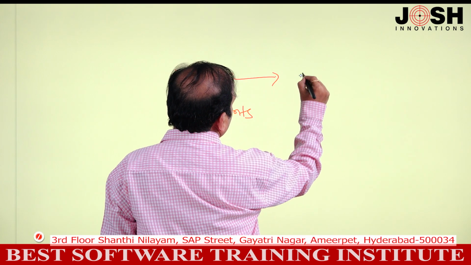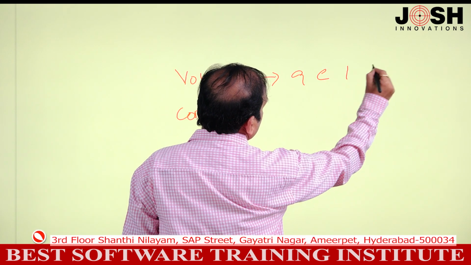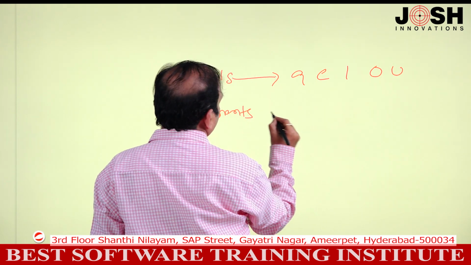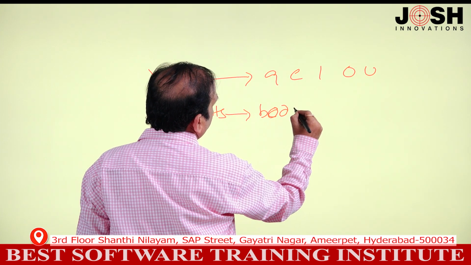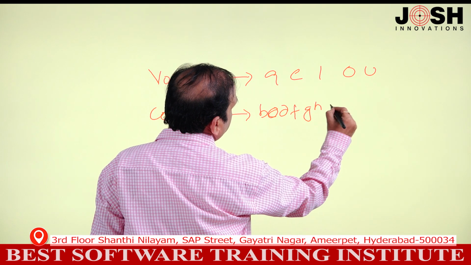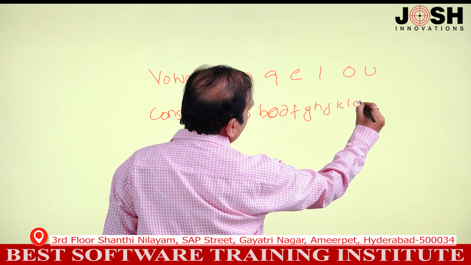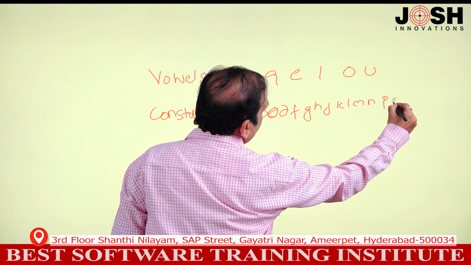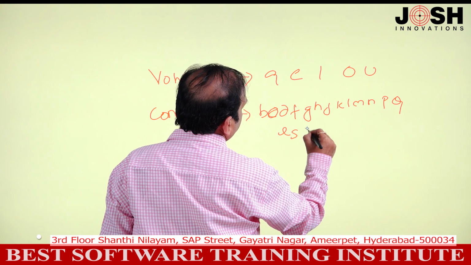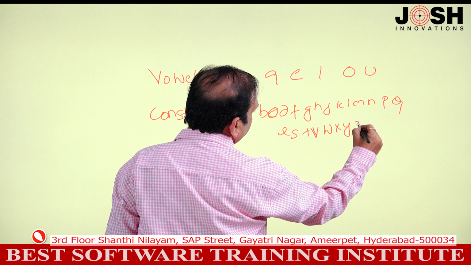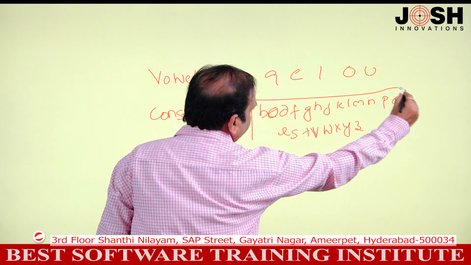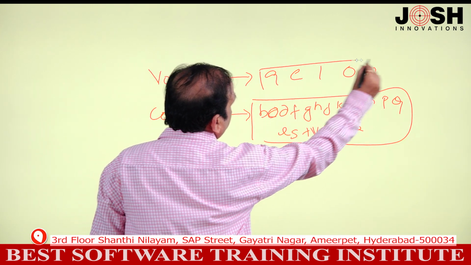Vowels are A, E, I, O, U, and consonants are B, C, D, F, G, H, J, K, L, M, N, P, Q, R, S, T, V, W, X, Y, Z. So, these are called consonants in English, and these are called vowels.